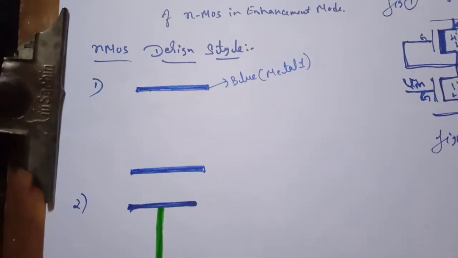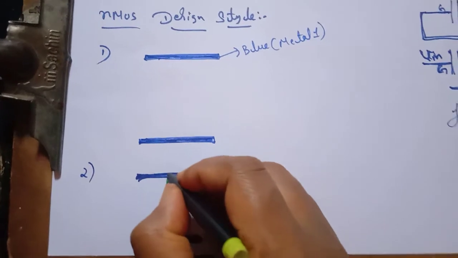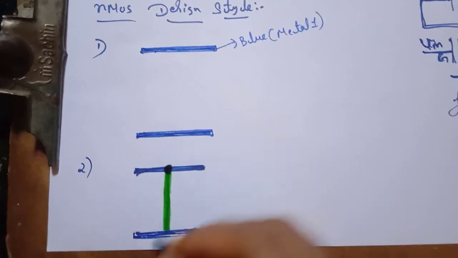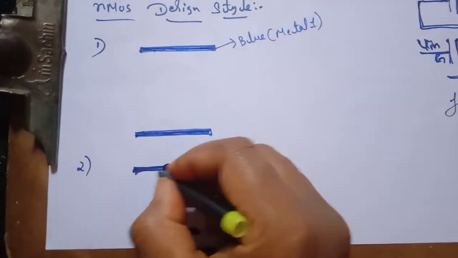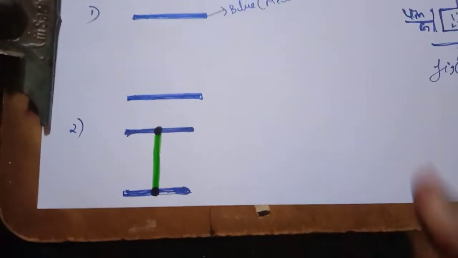In the second step, after drawing a diffusion line, make a contact cut. Where a diffusion and a metal touch each other or cross each other, there should be a contact cut.